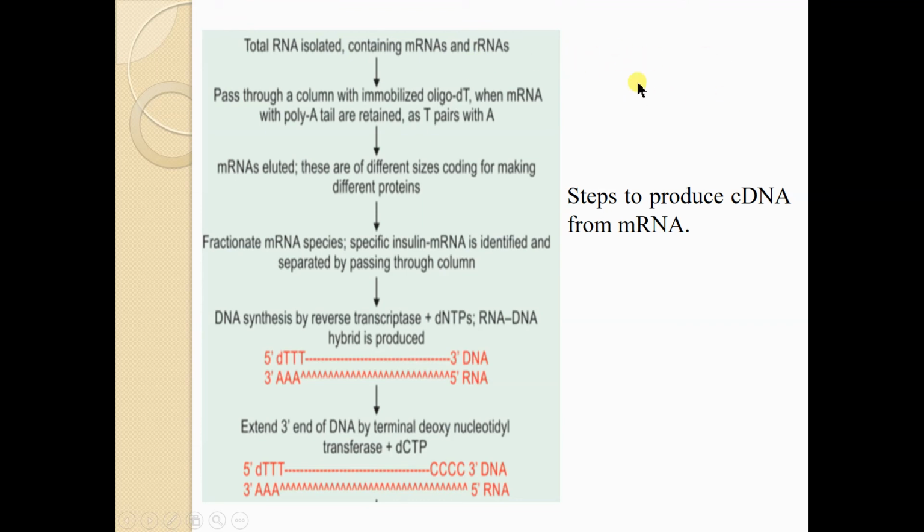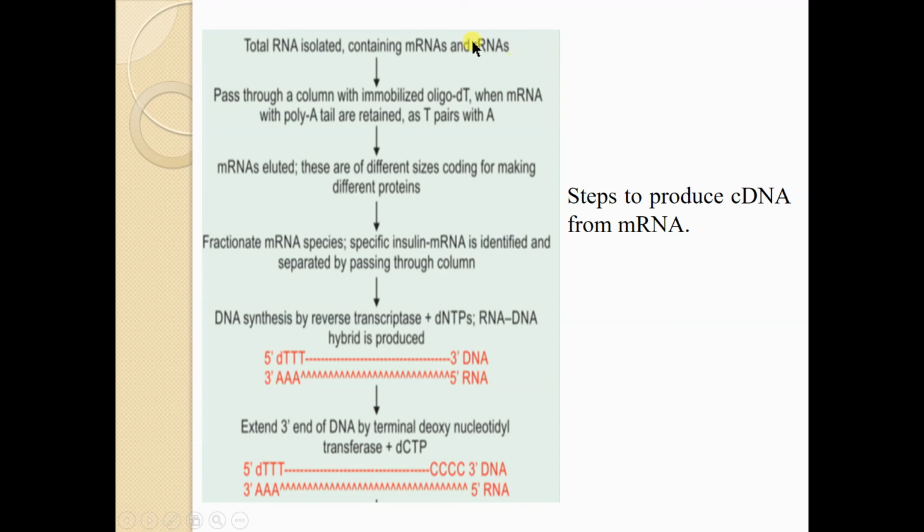In that column we attach oligodeoxythymidine molecules. Once the total RNA is passed through that column, only the mRNA contains the poly A tail at the 3' end, so polyadenine molecules are present.